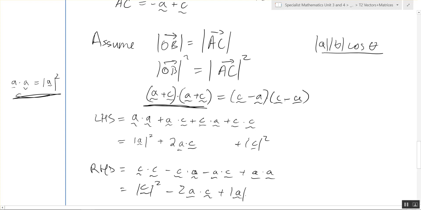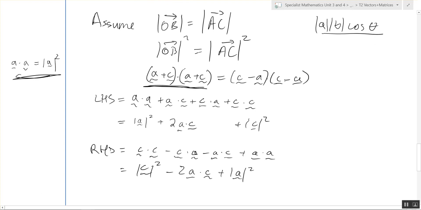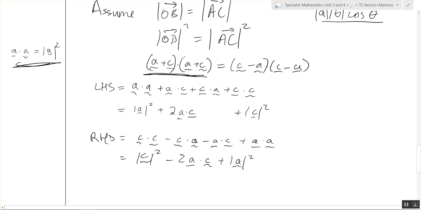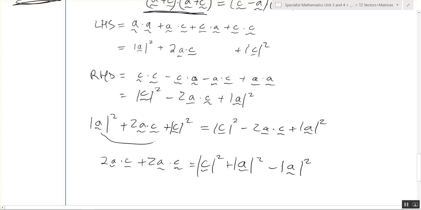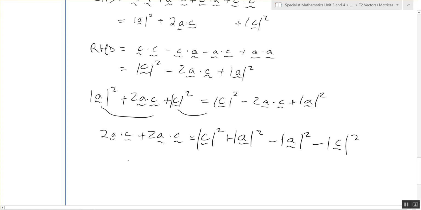Okay, so if we put them next to each other now, bringing this over, bringing this over, these all cancel out. We're left with 4a dot c equals 0.